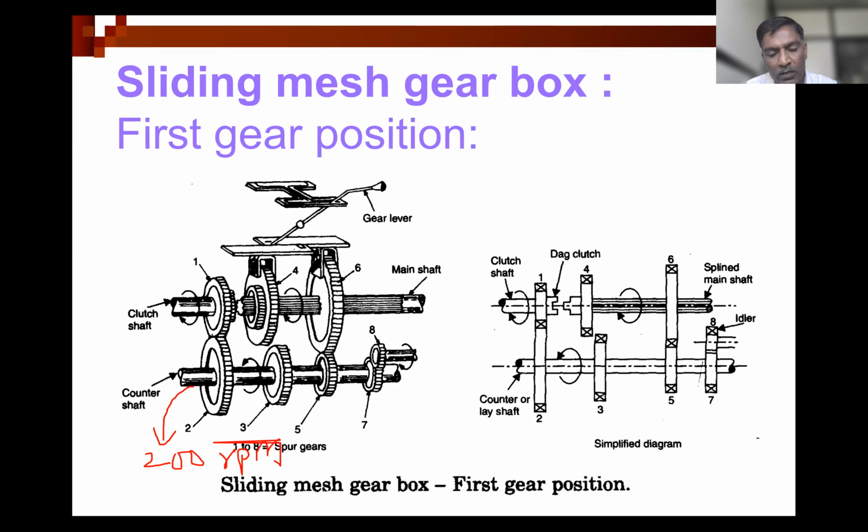They are having the same speed. Now this is meshed, and just for time being I will write here 100 RPM. आता मेन शाफ्ट कितीनं रोटेट होतोय 100 RPM. So that indicates that torque is increased.